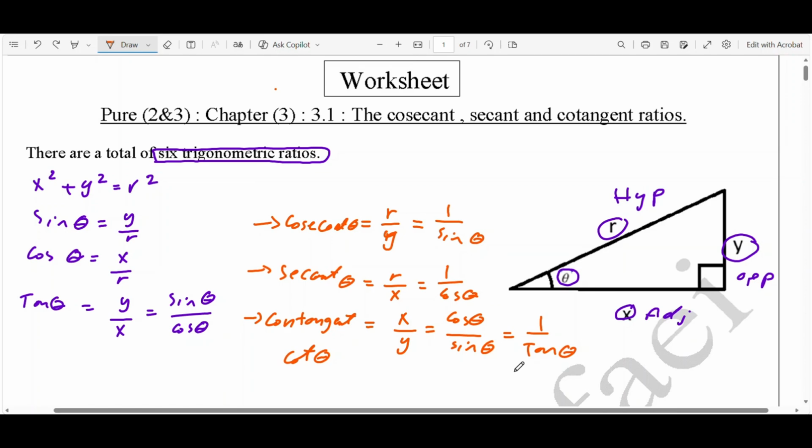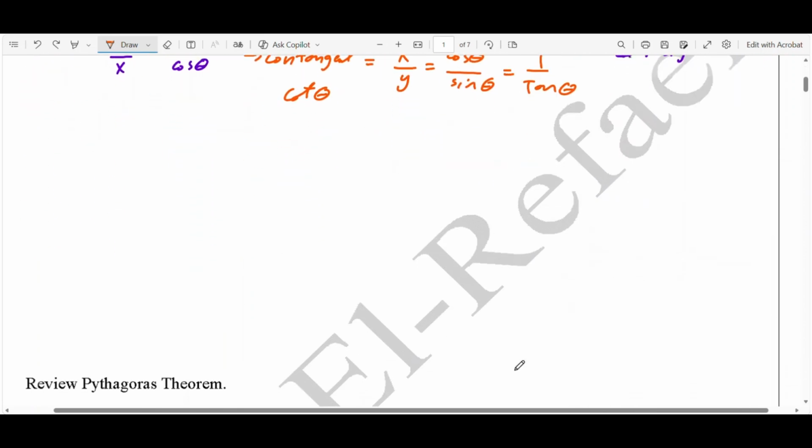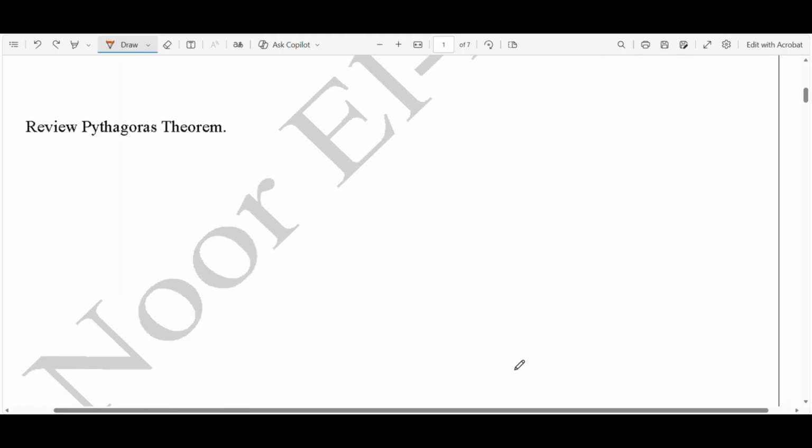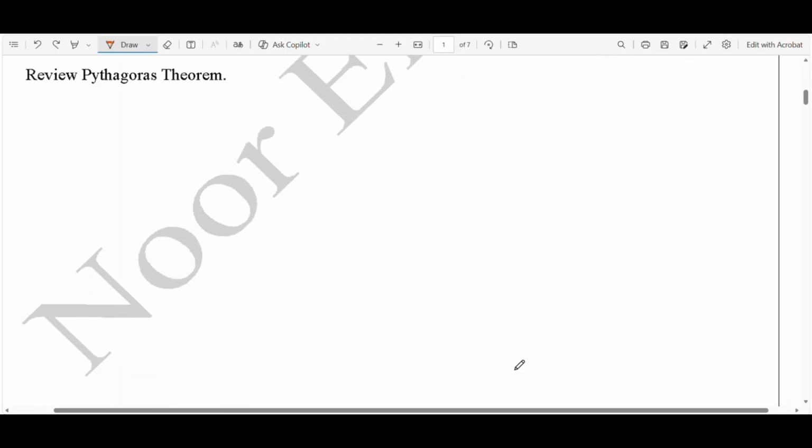During the AS level, we took an identity, which is sine squared theta plus cosine squared theta equals 1. And we learned that this identity came from Pythagoras' theorem. x squared plus y squared equals r squared.